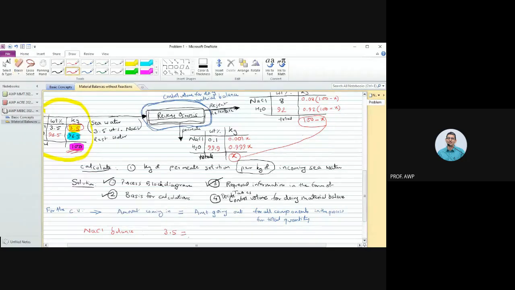What goes out? 0.001x plus 0.08 into 100 minus x. Somebody solve this for x.